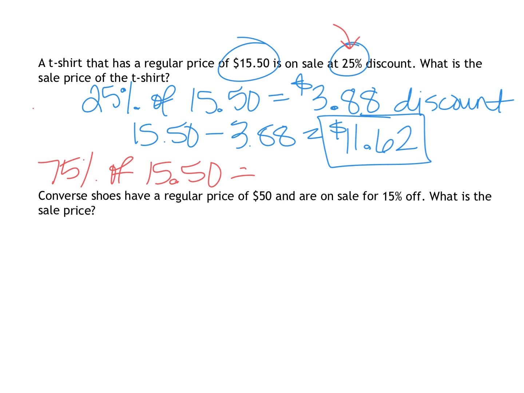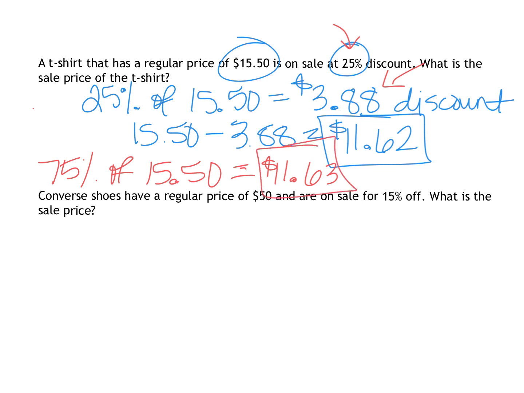And if I put that in my calculator and do 0.75 times 15.5, I would also end up with $11.63, but that's because I had to round the first time around.